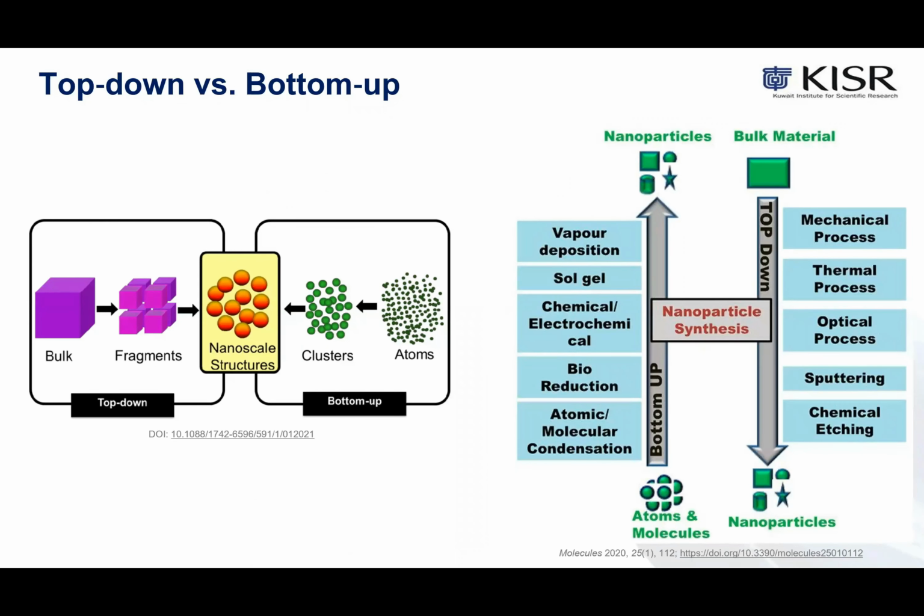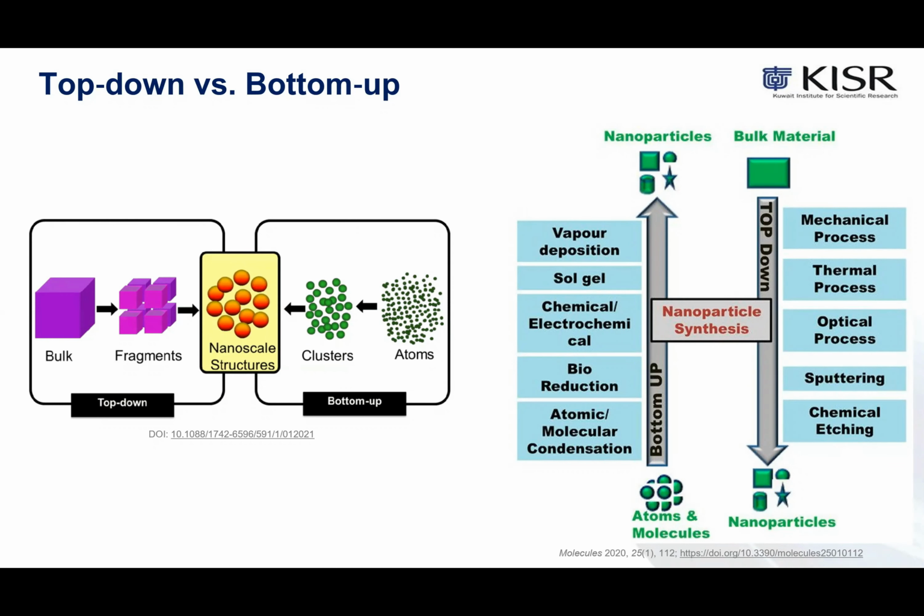The nanostructure material synthesis method involves two different strategies, commonly referred to as the top-down or bottom-up approach. The top-down approach attempts to create structures from a bulk material, as we can see here, to create nanoparticles with finer and more precise dimensions.